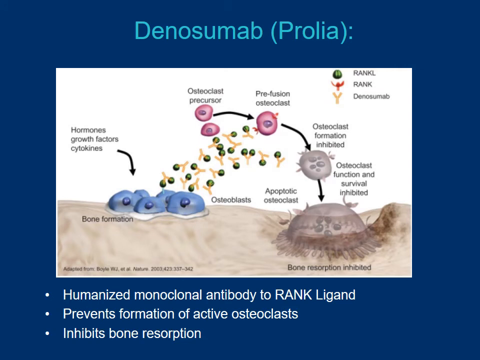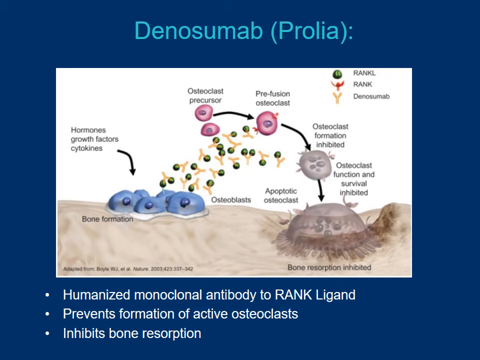The second drug is denosumab or Prolia. It's a humanized monoclonal antibody to the RANK ligand. As we see in this picture, the osteoclast precursor has RANK on its surface, and to function, this RANK must bind with its ligand, which is RANKL.